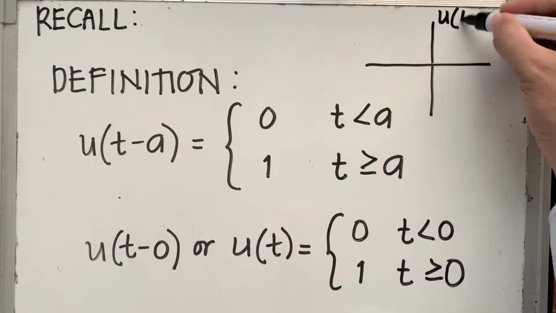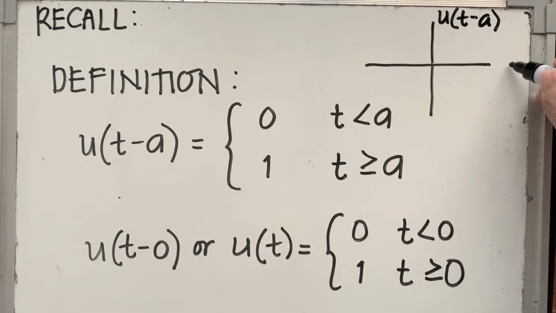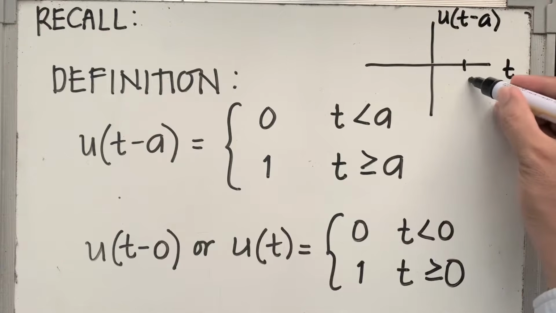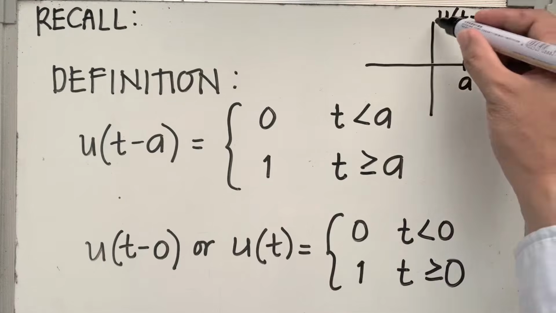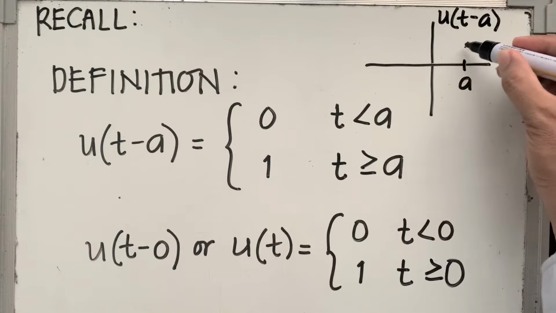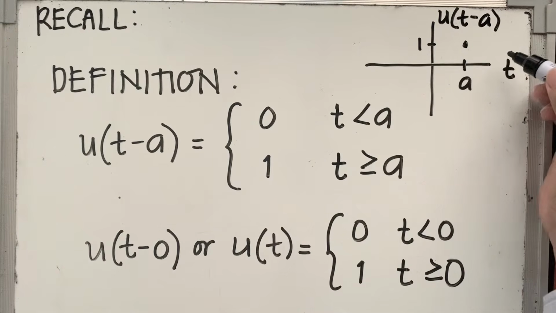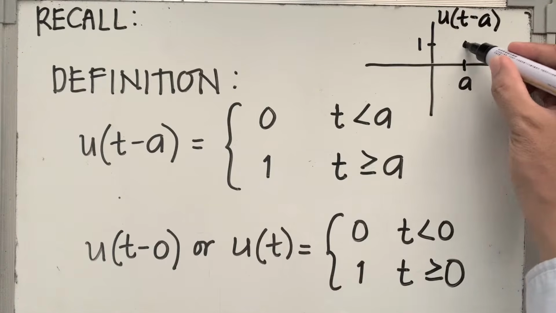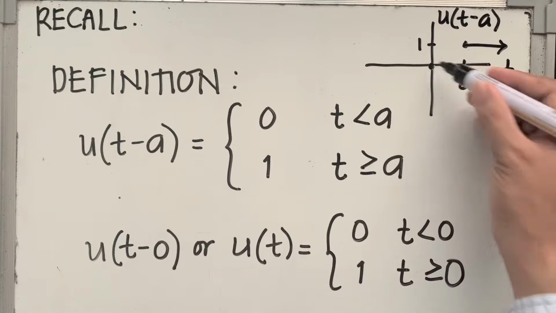Okay, so to better illustrate this function, I am going to draw a graph of the unit step function. A very simple graph. So it says that the unit step function is 0 at t less than a. So our a here is at the horizontal axis. So it's just 0. And 1 at t greater than or equal to a.